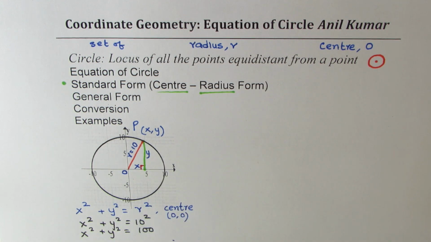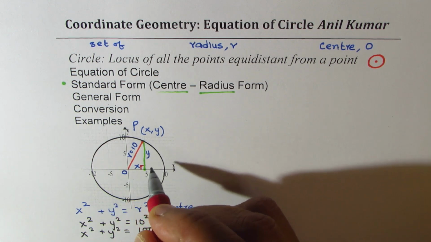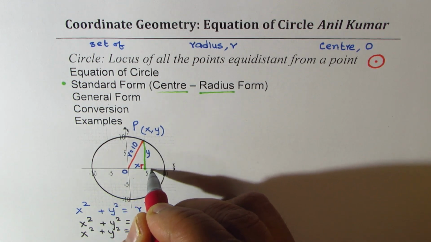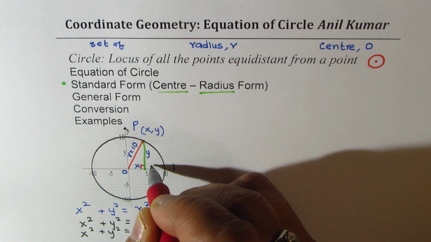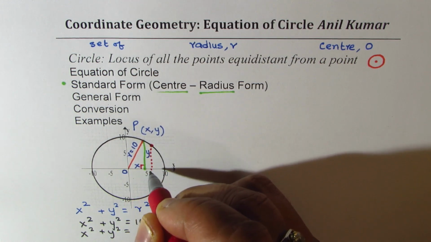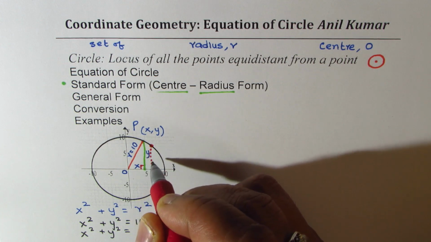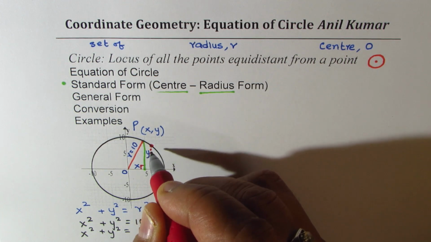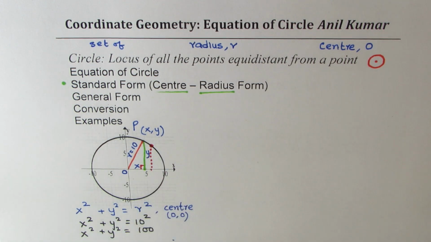For example, let's take a value of 6 for x, right? So in that case, what could be the y value? Now if I extend it, draw a vertical line, it will intersect the circle at a point.